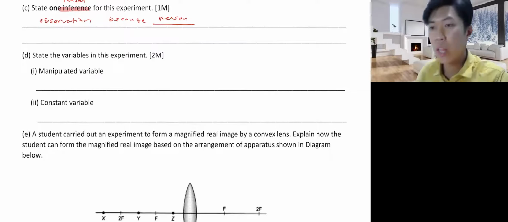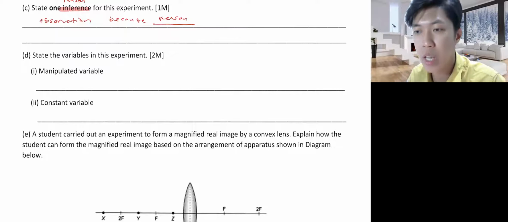Something like that, okay? The focal lengths are different because it depends on the thickness of the convex lens.